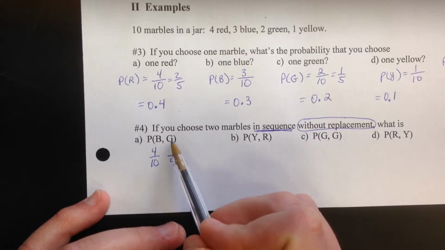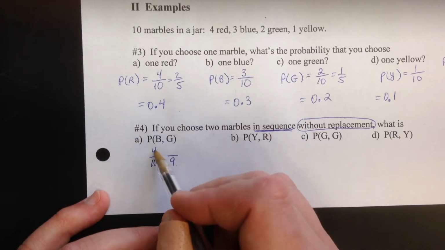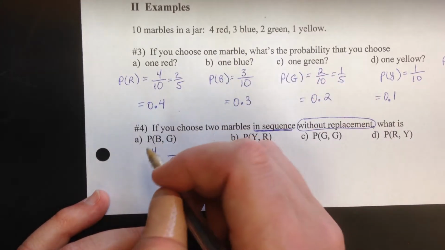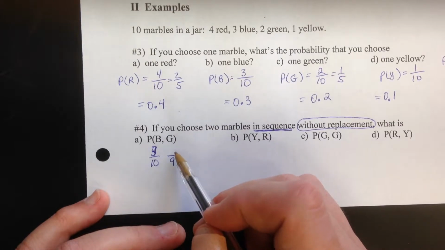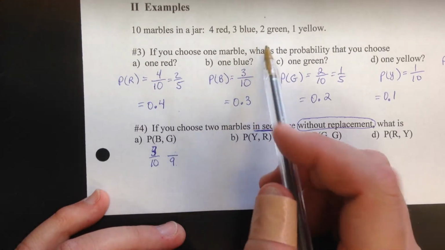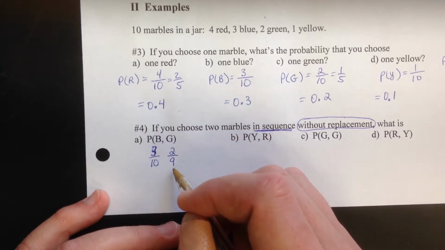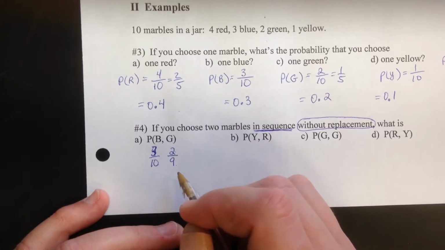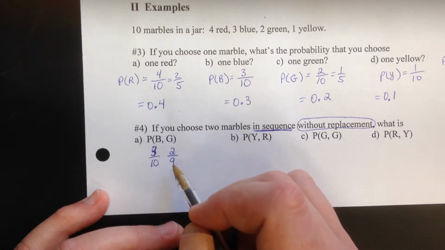Blue was 4 out of 10, and now if we're going to pick a green, well, we had 2 greens. Now there are only 9 marbles left in the jar because we've already picked one. So it's 2 out of 9.